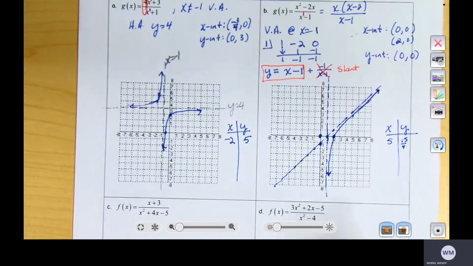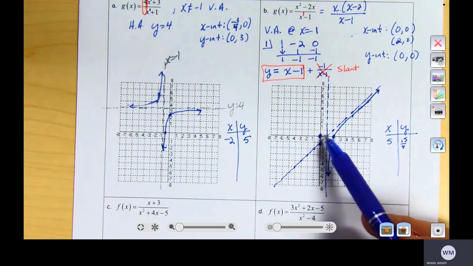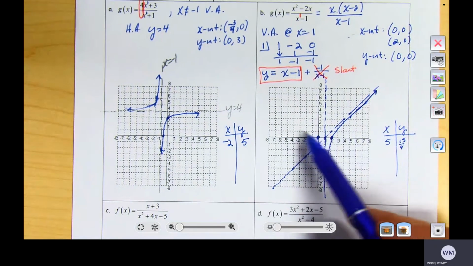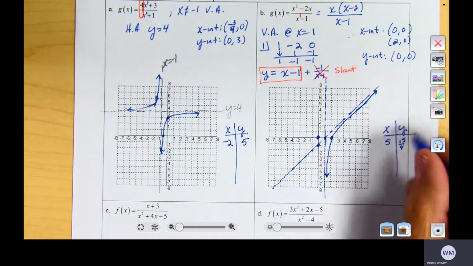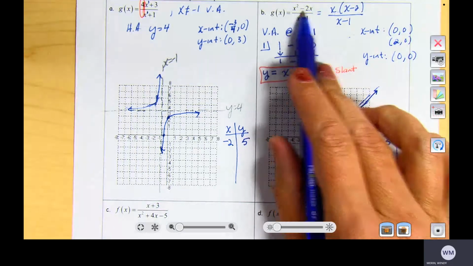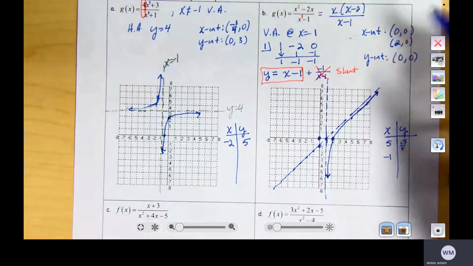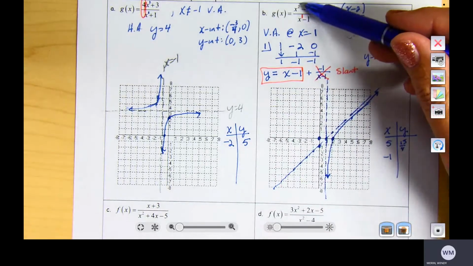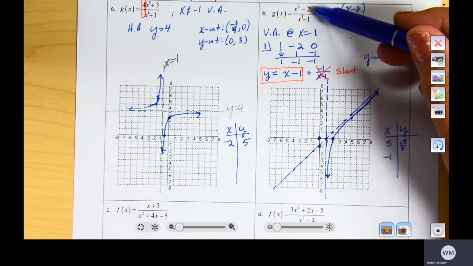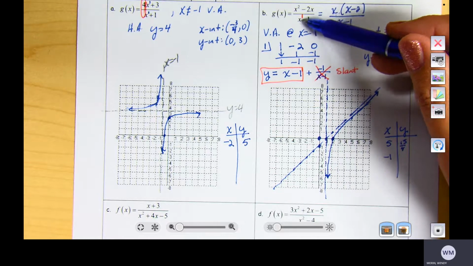All right, now what about the other one? What happens? Well, I know it goes through this point. So let's pick a point over here. I don't know, let's pick -1. Let's pick an x value. Plug in a -1. Again, into this one, it doesn't make a difference. So carefully, -1 squared is a +1, plus 2, that's 3, divided by -2.